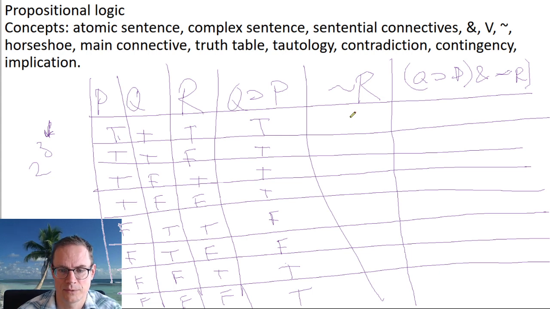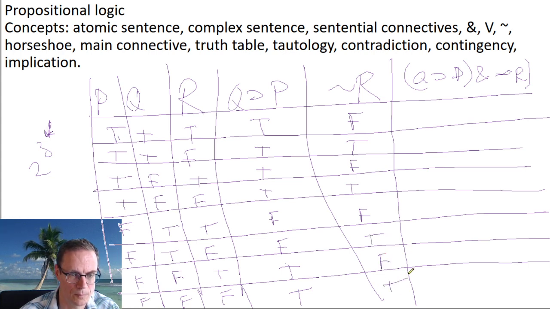Not R, so we have to flip around R. Well, we got R here. Flipping is fairly simple. True becomes false, false becomes true, and so on down the column. And now we have to take the AND. Now what is the truth table of AND again? Well, very simple.